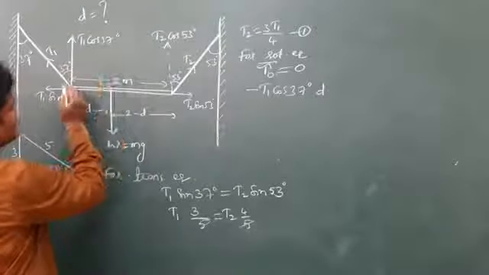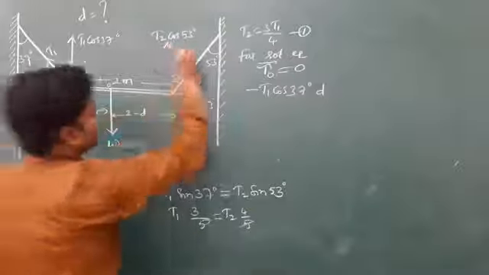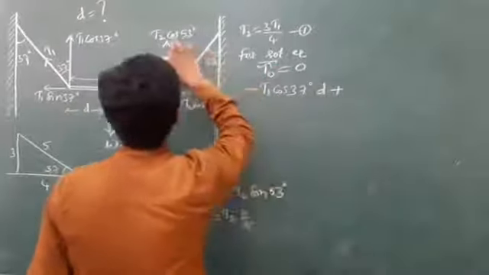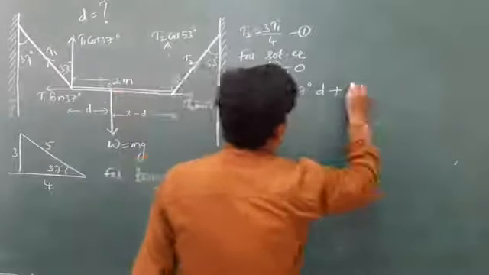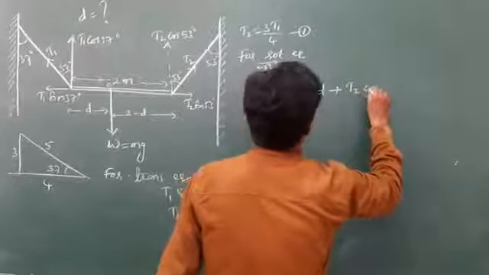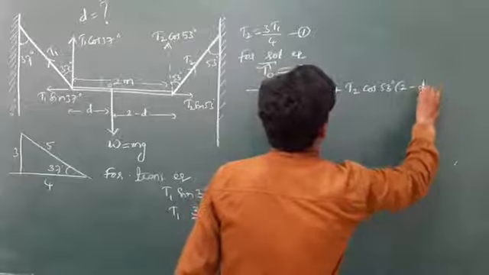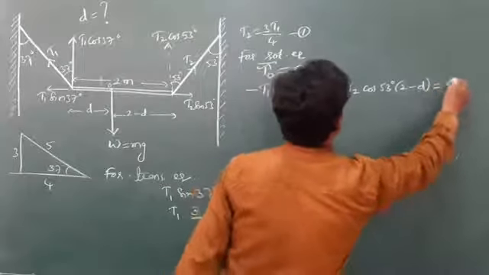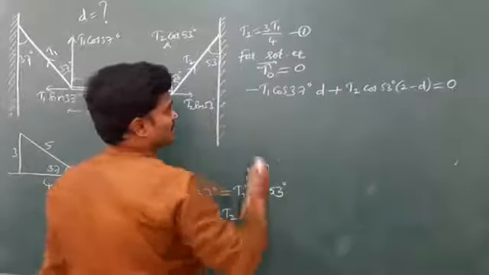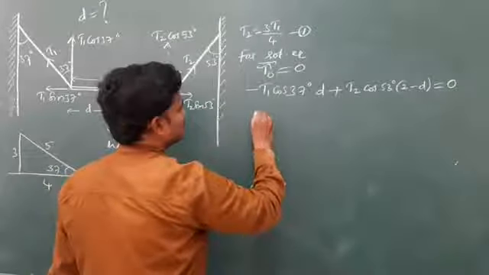T1 cos 37 into distance D, plus, for this O on the left side, T2 cos 53 into 2 minus D, which is equal to 0. So equate these two.